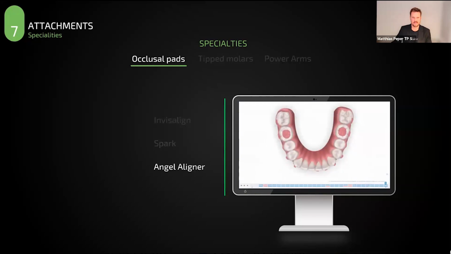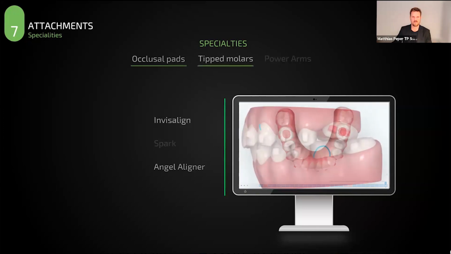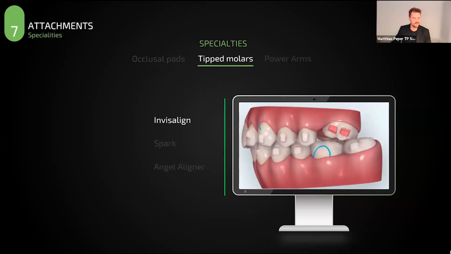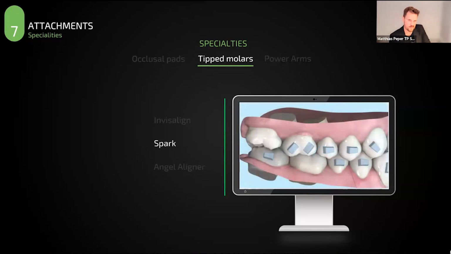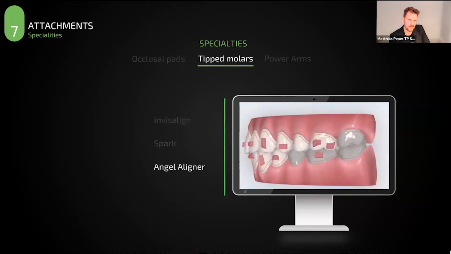And here is the occlusal pad for Angel Aligner, just to show these differences. We have the same situation: double attachments for Invisalign, for Spark, and also for Angel Align. They all use the same system, and that shows that it makes sense. If they all use the same attachments for uprighting typical molars, it should make sense.